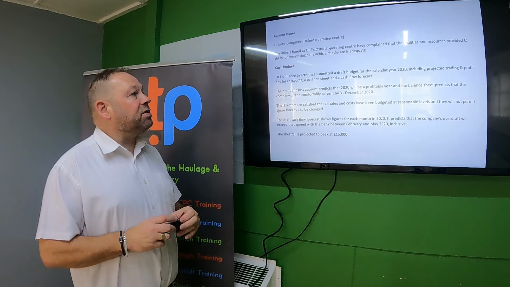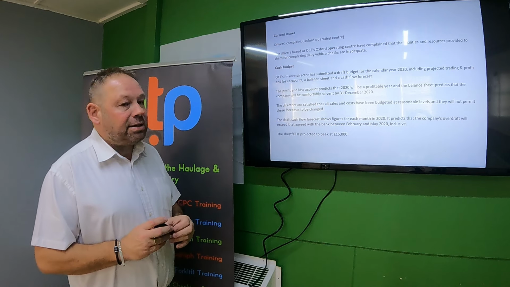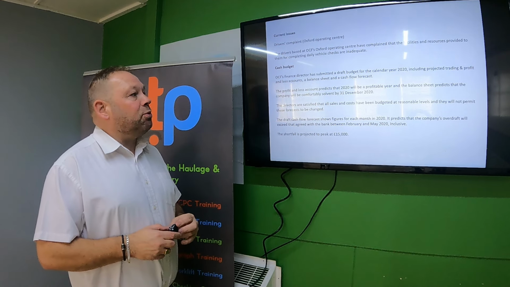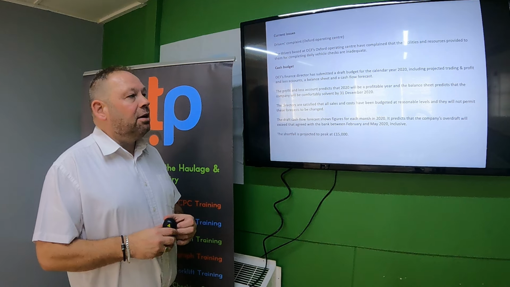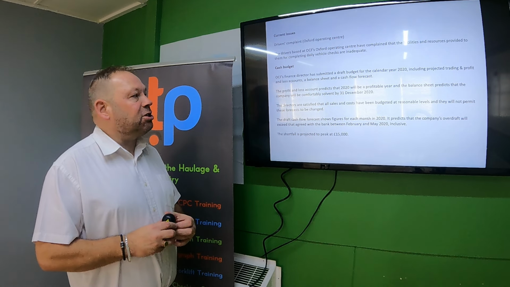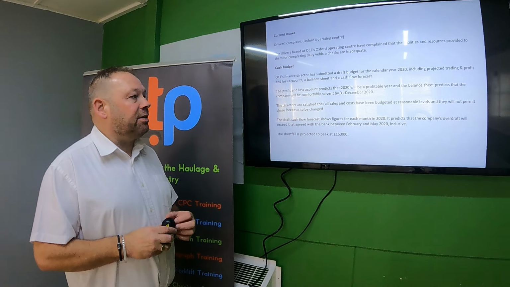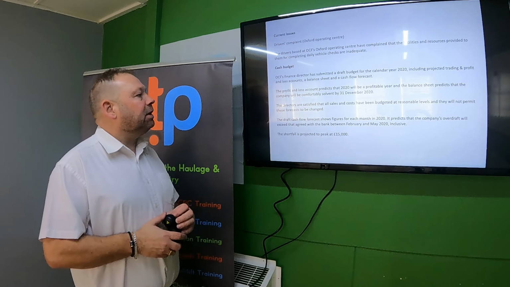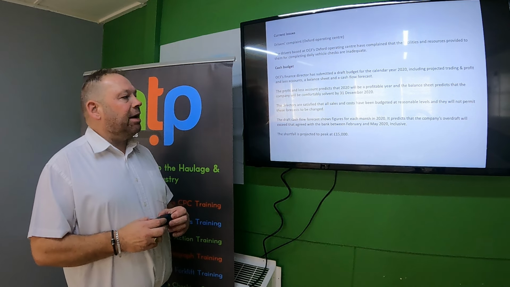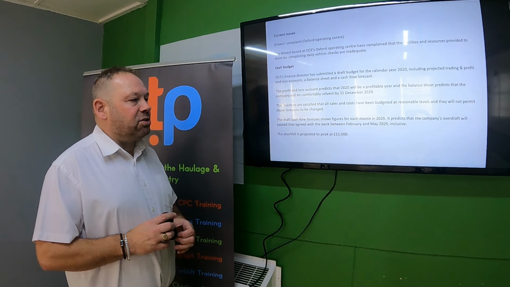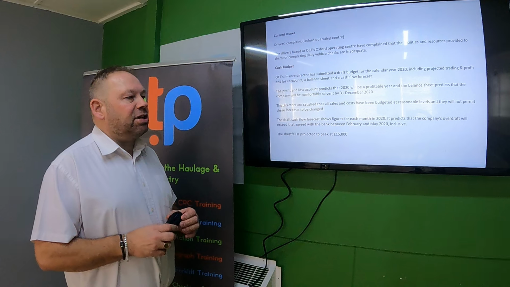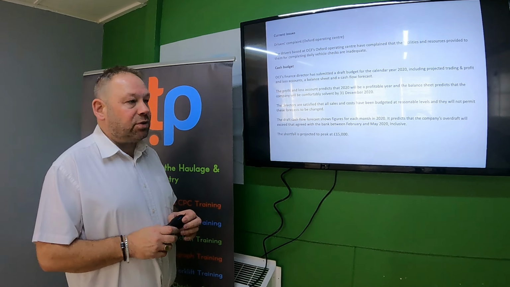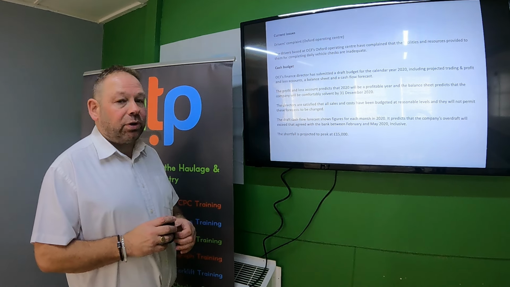Current issues, driver's complaint at the Oxford Operating Centre. The drivers based at OCF's Oxford Operating Centre have complained that the facilities and resources provided to them for completing daily vehicle checks are inadequate. Cash budget. OCF's Finance Director has submitted a draft budget for the calendar year 2020, including projected trading and profit and loss accounts, a balance sheet and a cash flow forecast.